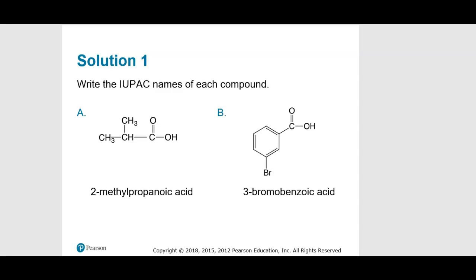This has isobutyric acid, and I can tell you from experience that these are 2 of the most foul-smelling materials in the universe. They smell bad. They're not the worst I've ever smelled, but they're pretty close to it. So just the 4 carbons, 5 carbons, 6 carbons are really foul-smelling compounds in that range. Benzoic acids, of course, don't really have much of a smell, but this is 2-methylpropanoic acid and 3-bromobenzoic acid.